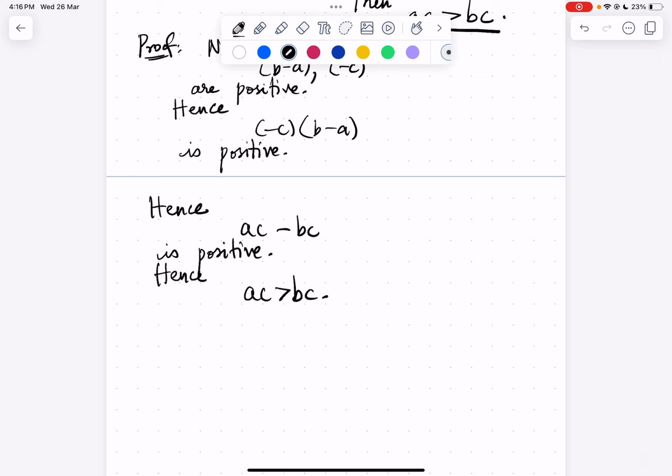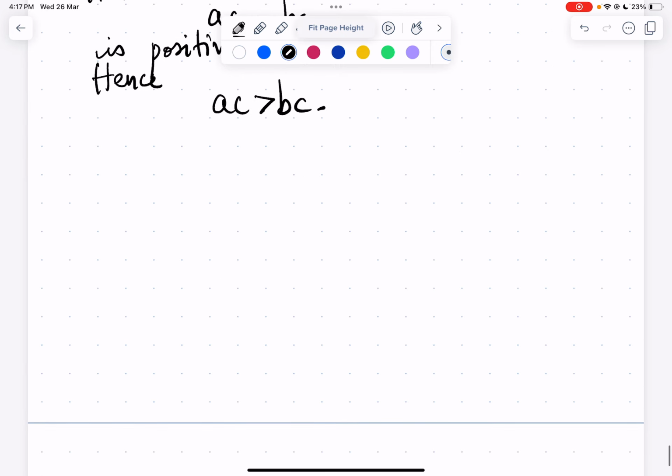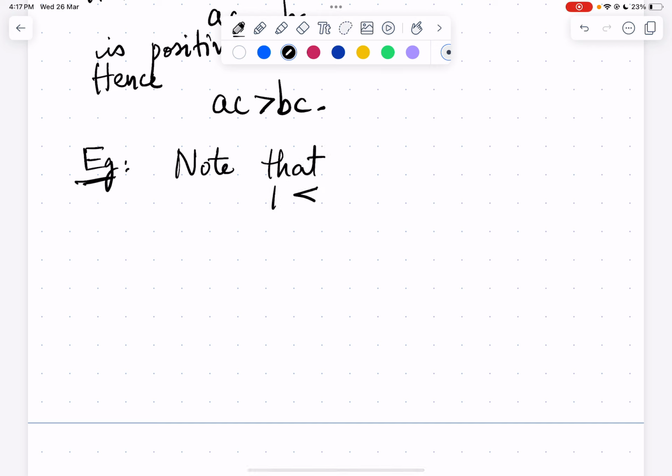So now, I think we can illustrate this, the last kind of observation, by an example. Note that we start with 1 is less than 3. Now we can multiply both sides of an inequality by -2.